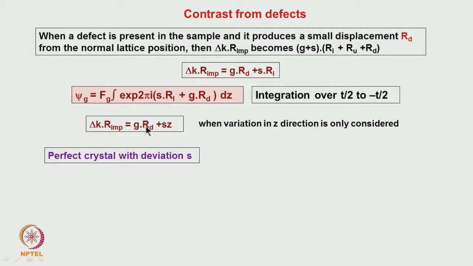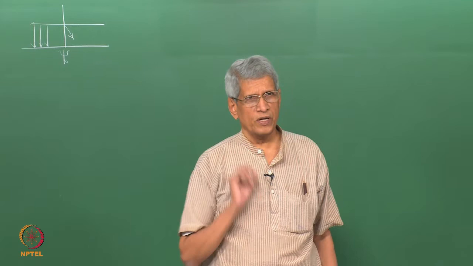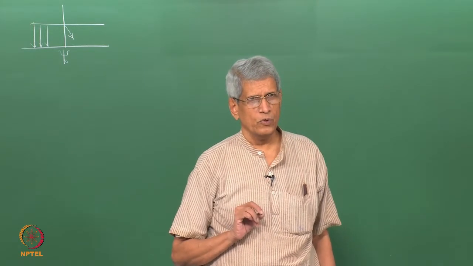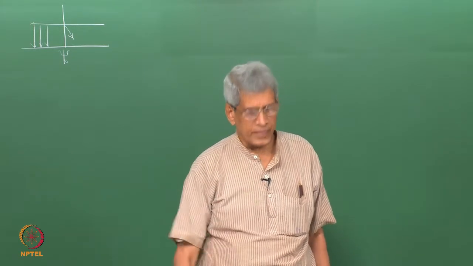If this product becomes 0, it will behave like a perfect crystal, and if the product is some other value, it will introduce a phase shift in the overall amplitude. This we considered on the basis of our kinematical condition using the phasor diagram, right.